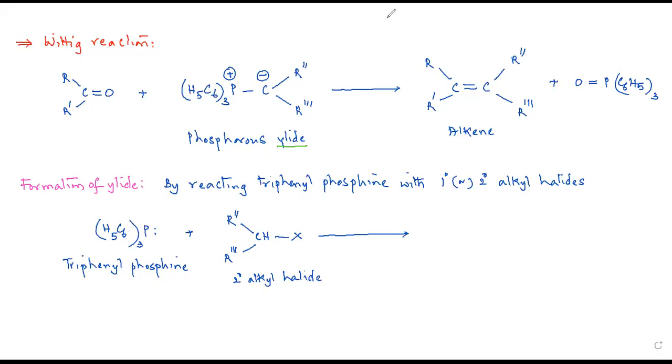Now this 2 degree alkyl halide, of course, is suitable for SN2. Look at this. Triphenyl phosphine is now acting as a nucleophile. It attacks the carbon bearing the halogen atom from the backside. At the same time, X goes off along with the bonded pair. See, when the lone pair is given to an electron deficient carbon, we consider it a nucleophile. Now check what happens.